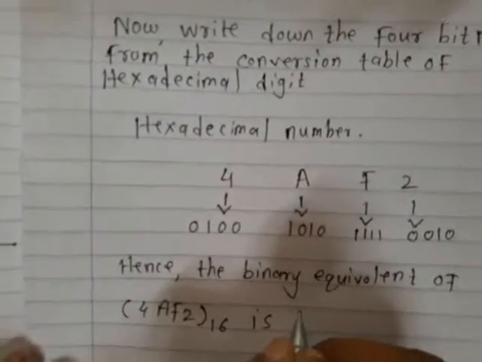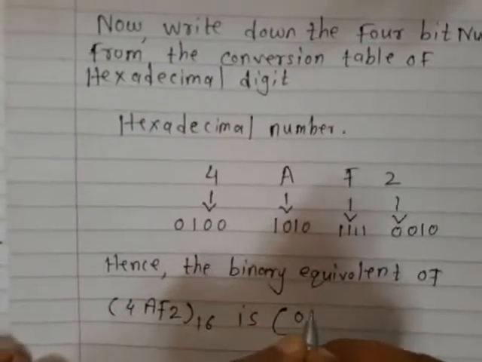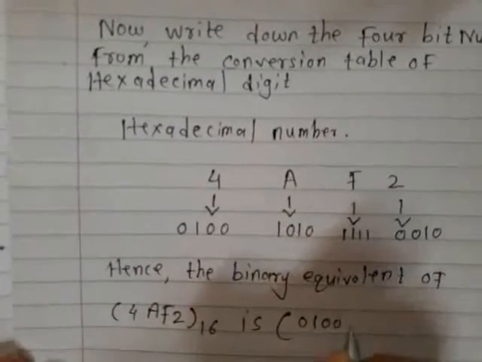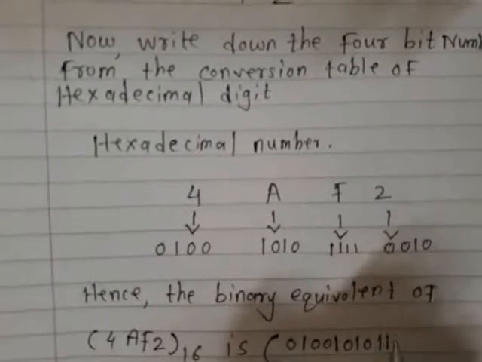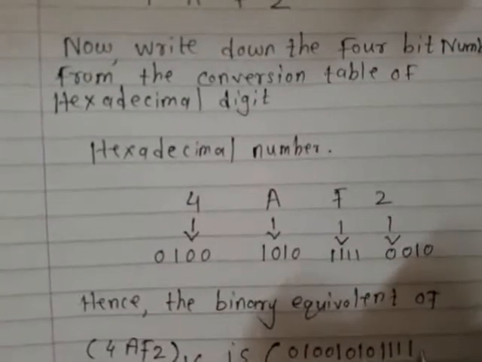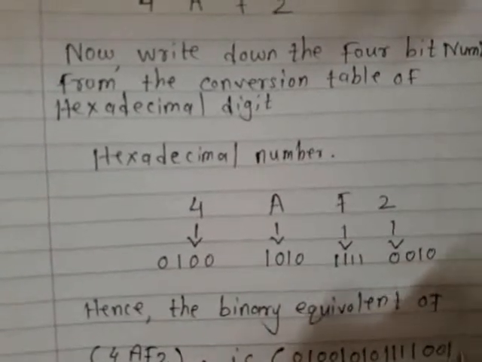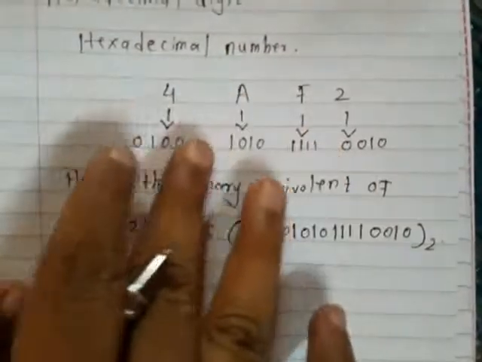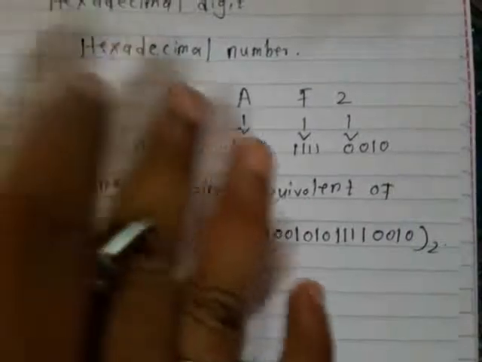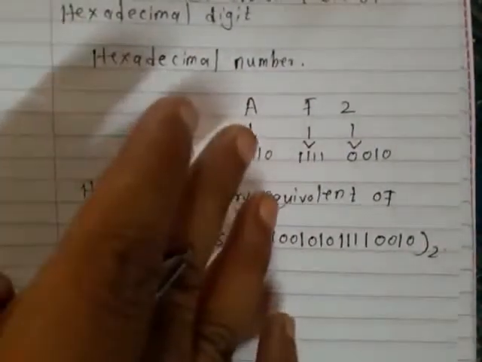Okay, 0 1 0 0 1 0 1 0 1 1 1 1 0 0 1 0. Okay, like this you have to solve this sum with the help of that hexadecimal number system chart. You have to see that chart and solve the example.